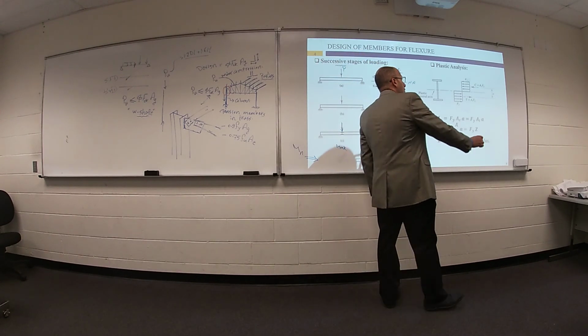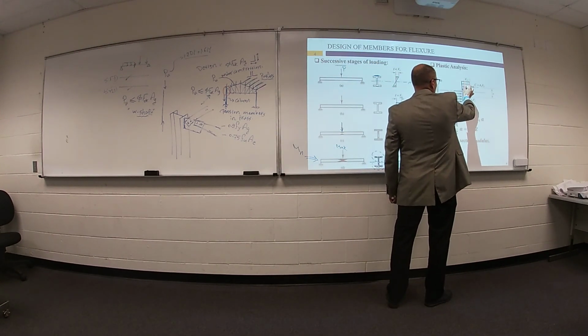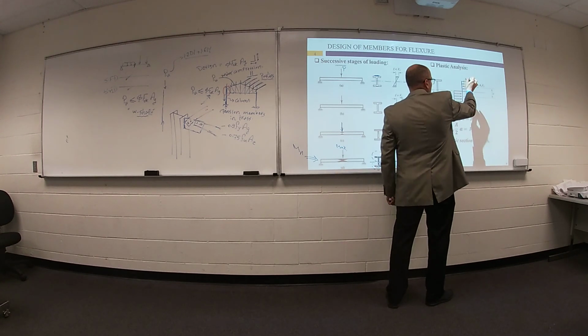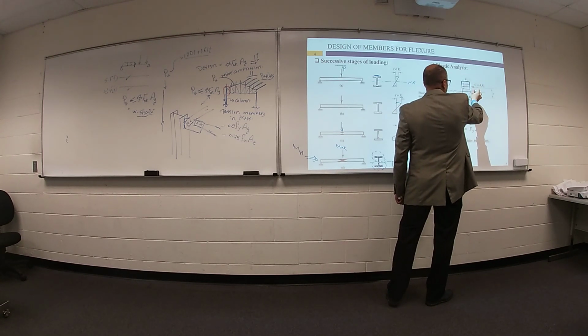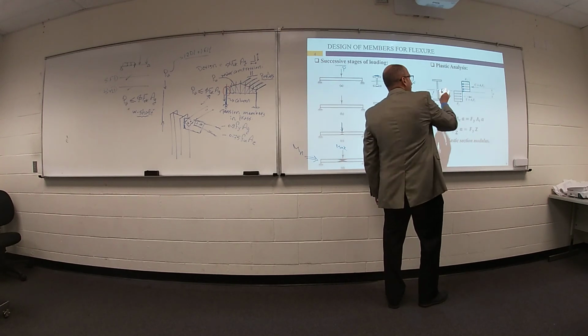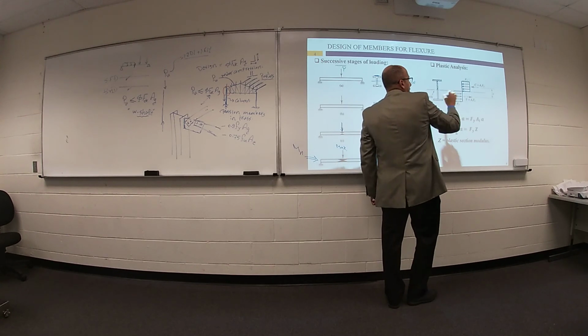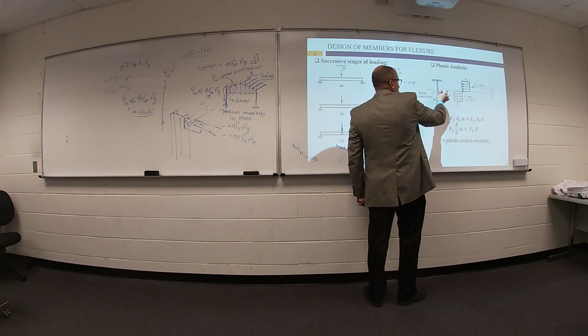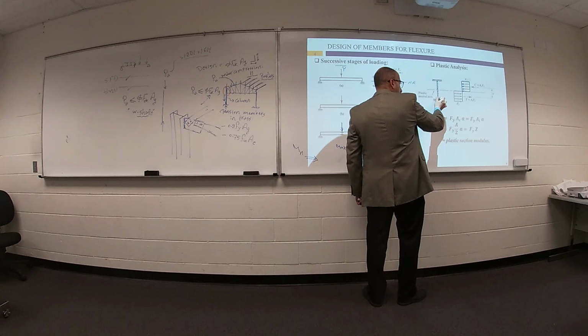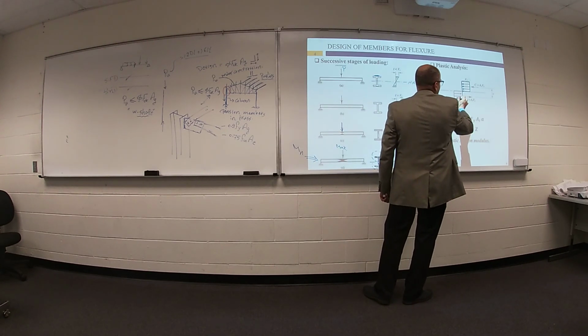So, here is your cross section. Your stress at the top, compression stress, equals yielding stress for this part of your cross section. The second part of your cross section yielded also, but under tensile stress.